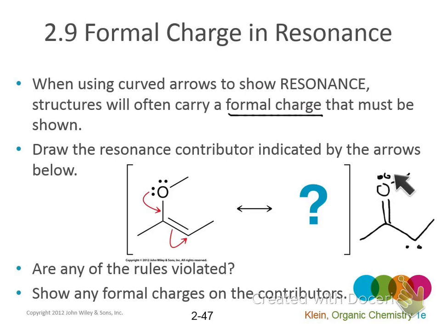But it has 1, 2, 3, 4, 5, so its charge is positive. And the carbon is supposed to have 4, but remember, there's a hydrogen here still. The hydrogen that was here didn't suddenly disappear. And if it helps you, draw the hydrogen there before you do the resonance structure so you don't screw the charge up. Right? So this has 5, so this has to have a negative charge. Okay?